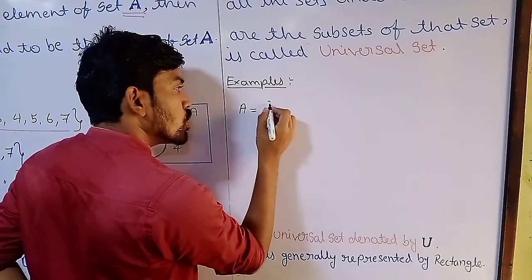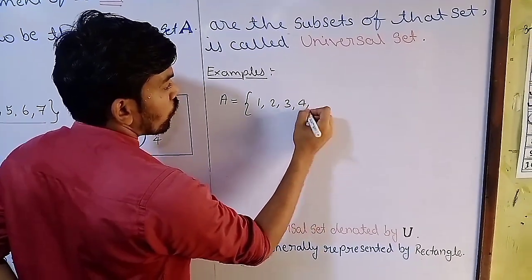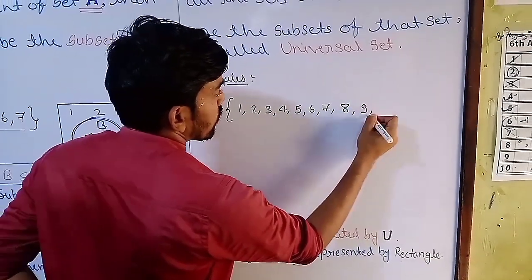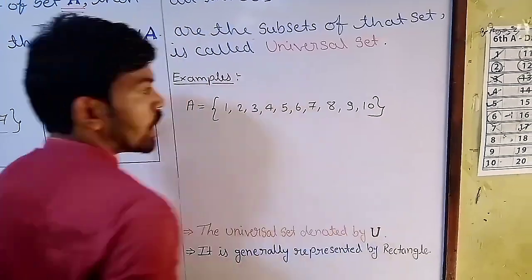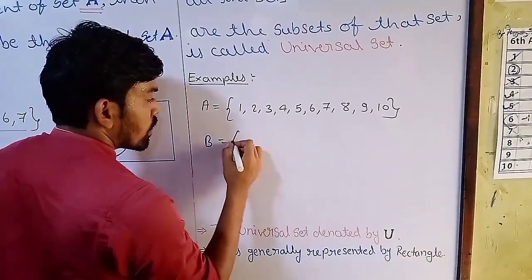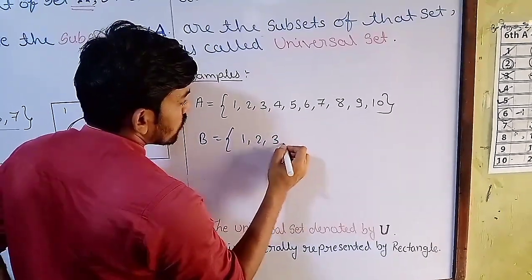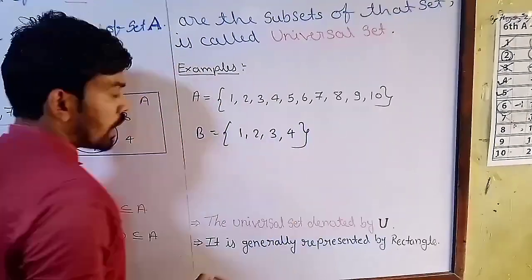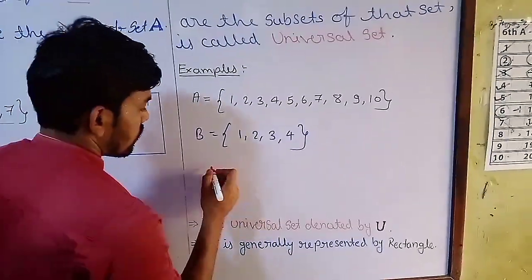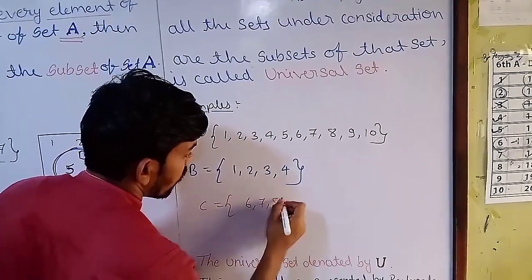Take one more example to understand better. Set A is equal to the numbers 1, 2, 3, 4, 5, 6, 7, 8, 9, 10. Set B is 1, 2, 3, 4. Set C is 6, 7, 8.